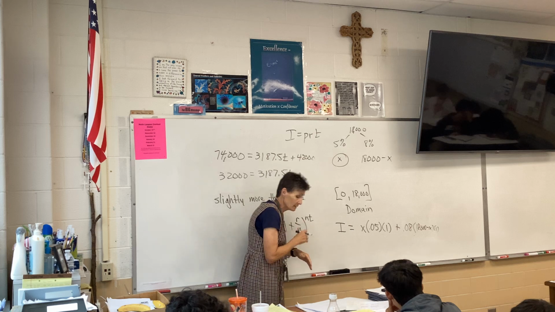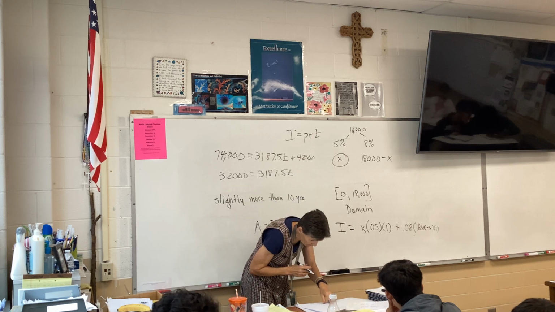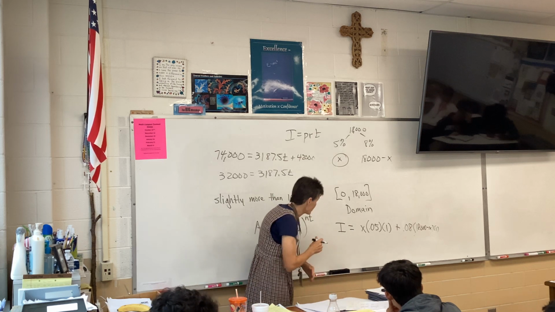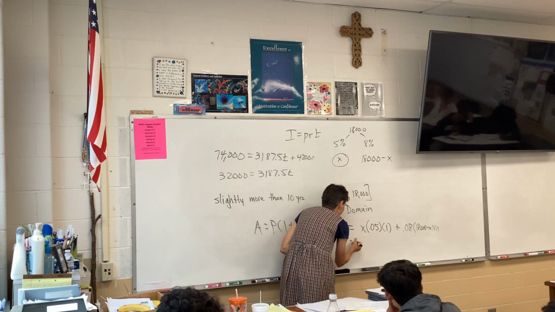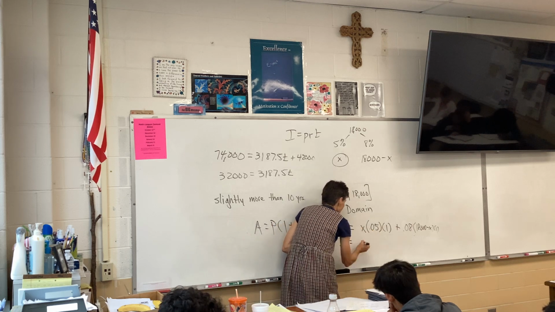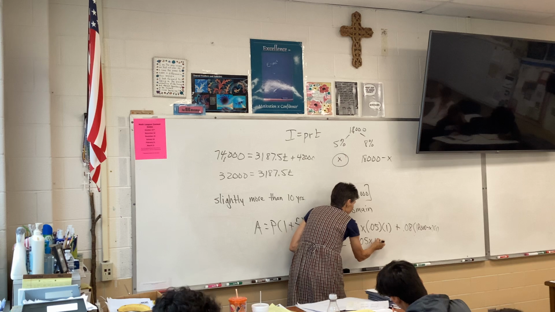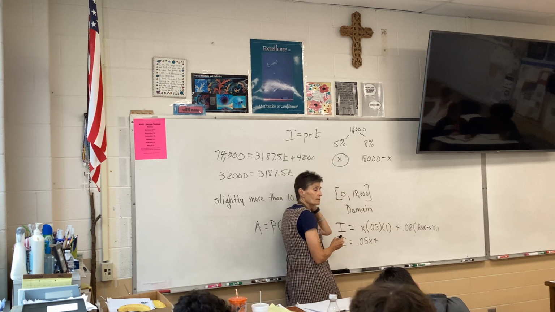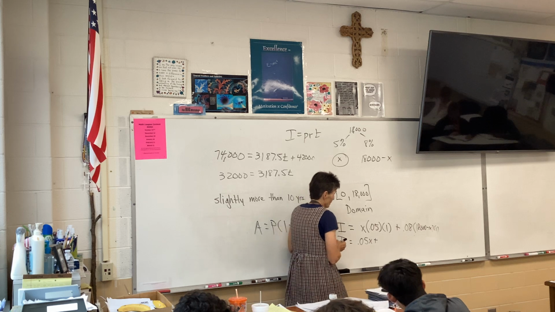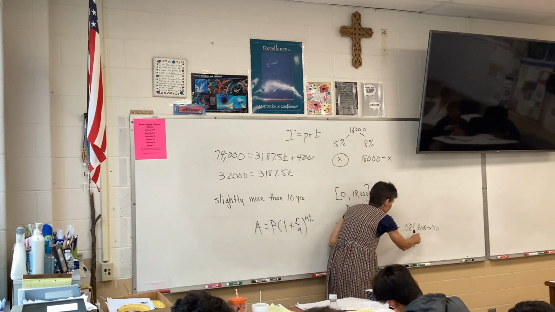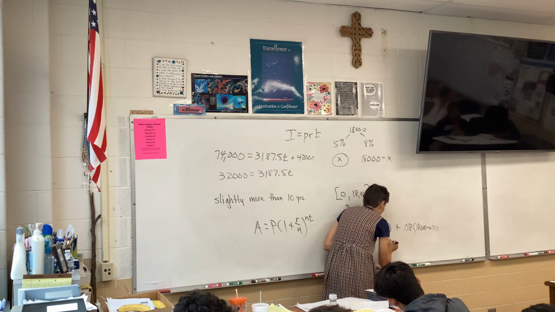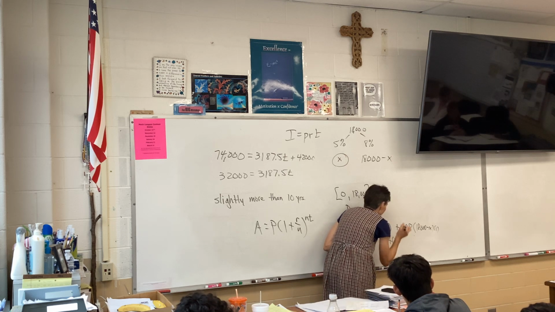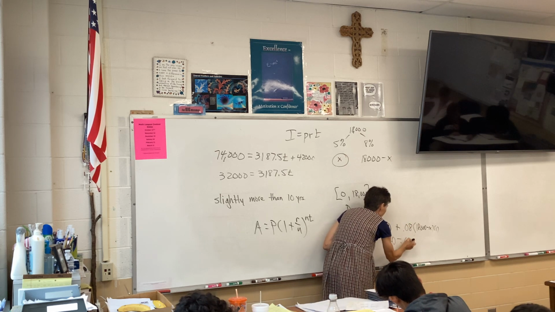Okay, so let's clean this up. It says write an equation, so I want to clean this up. So this is just 0.05x, right? What's this one? 1440. This is 1440. Okay, I hope I can trust you. Minus 0.08x.